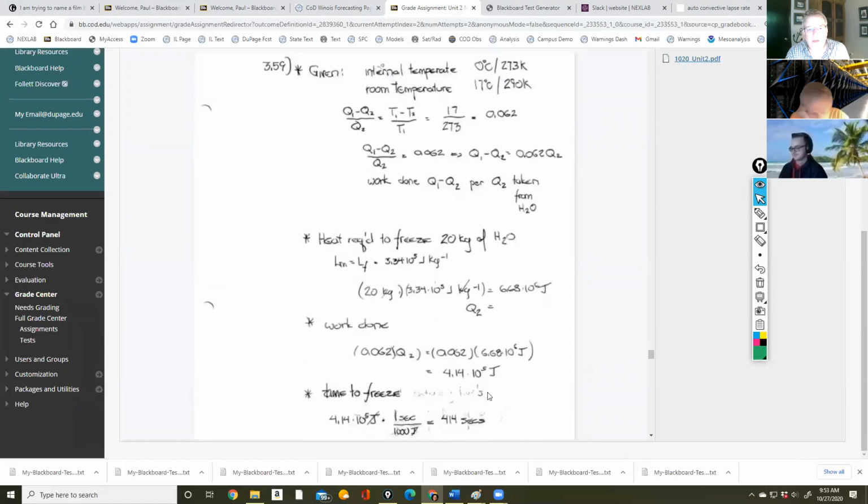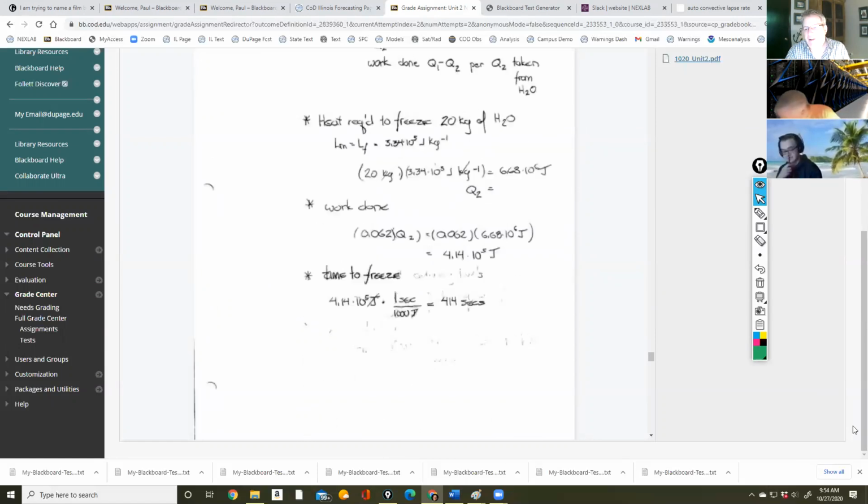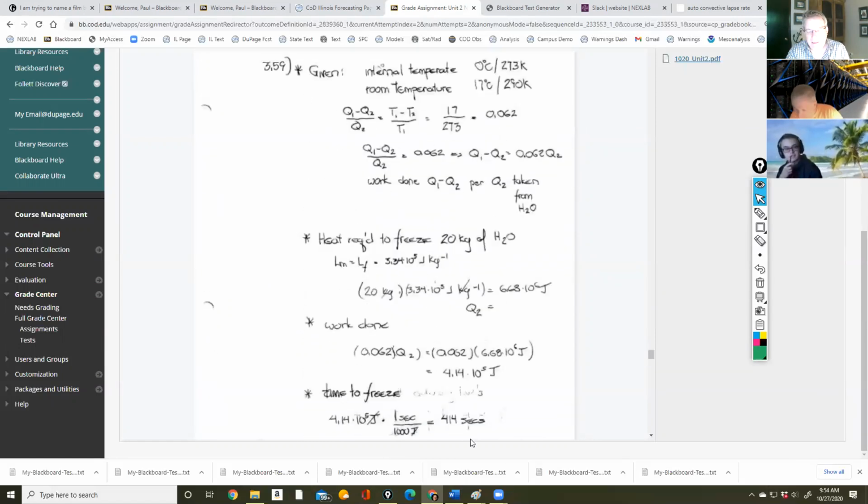Okay, the last one. Is this the last one? Oh, it's a refrigerator. Were you able to get this one, Nick? 3.59. An attempt on it, but I'm not sure if I did it right or not.